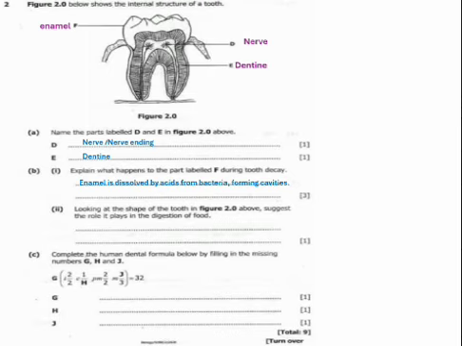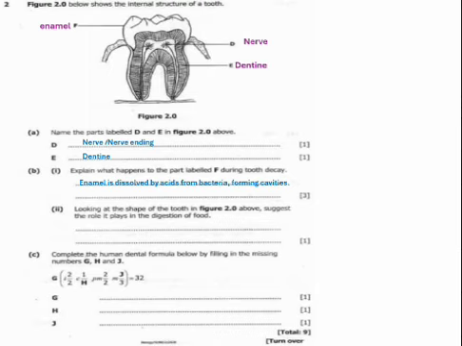Number 2. Looking at the shape of the tooth in figure 2.0 above, suggest the role it plays in digestion of food. What is the role of this tooth in digestion of food?